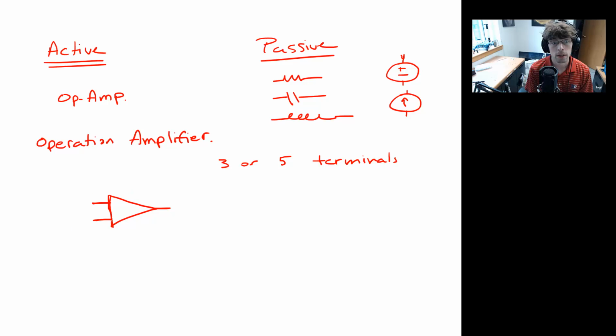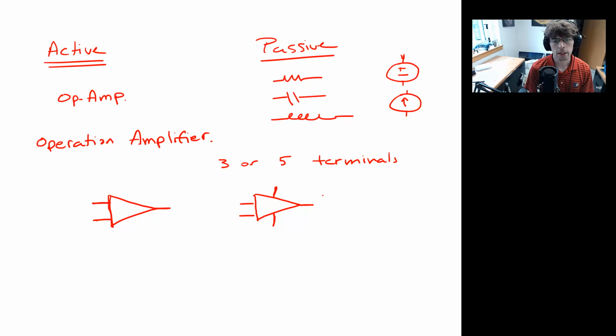So if it has 3 terminals, this is what you'll see. 5 terminals, it's the same idea. You'll have 2 coming in on the long side, 1 coming out at the apex, and then 2 more running perpendicular to the other 3 that have been drawn.